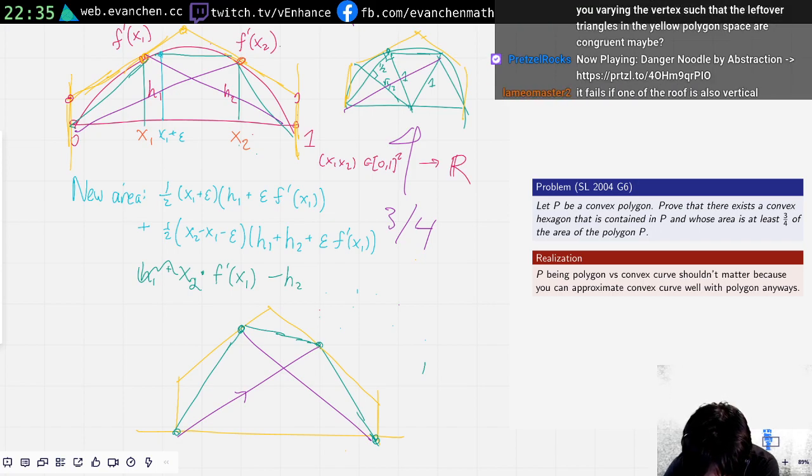Is that the feeling? It's just I don't know how I'm supposed to do this calculation. Do I just bite the bullet and start bashing?